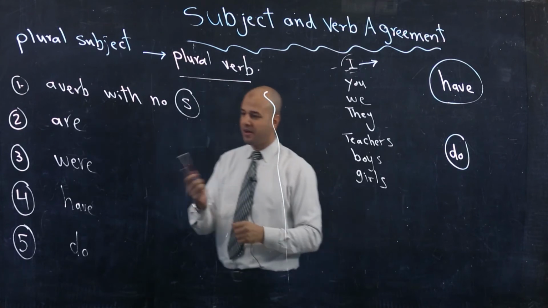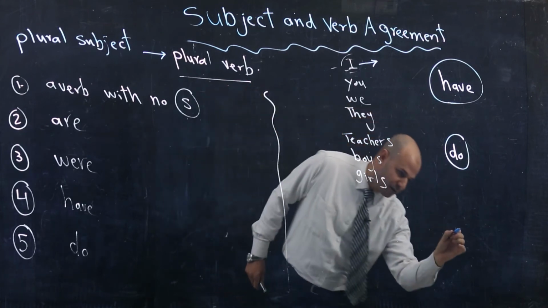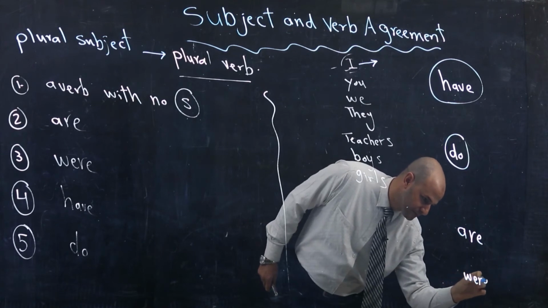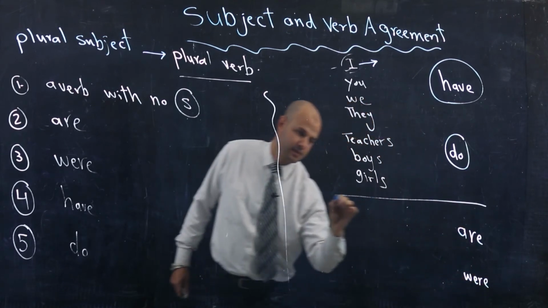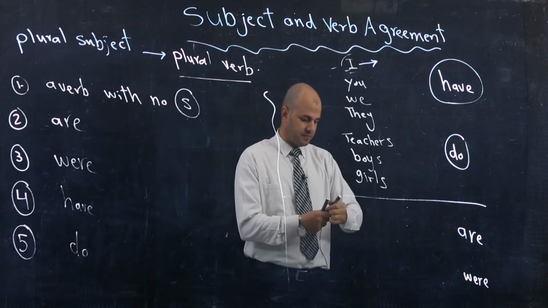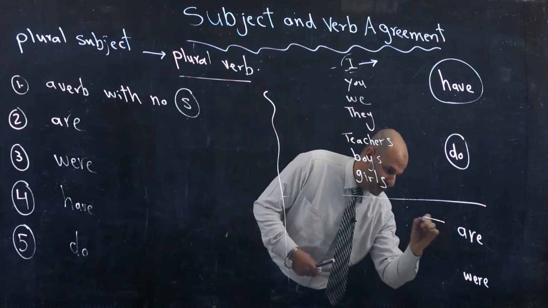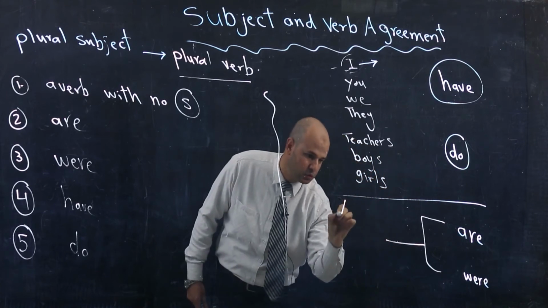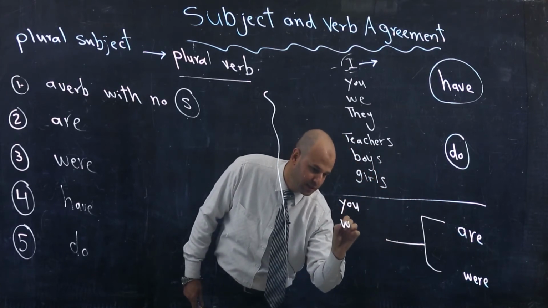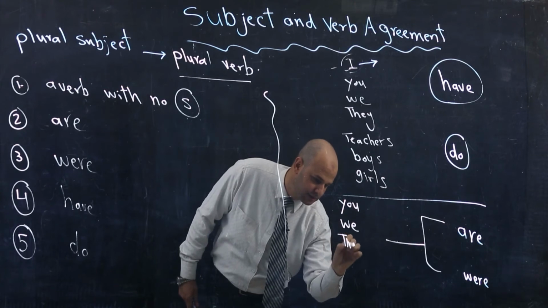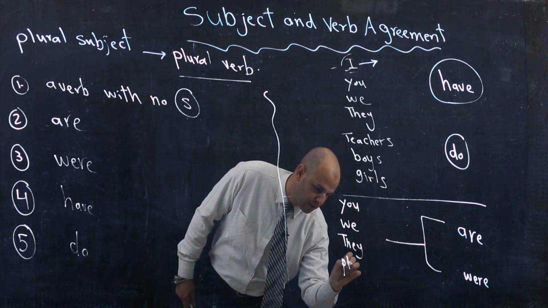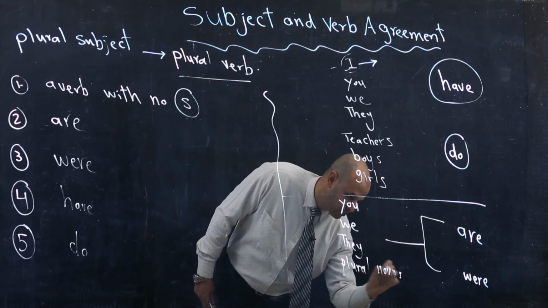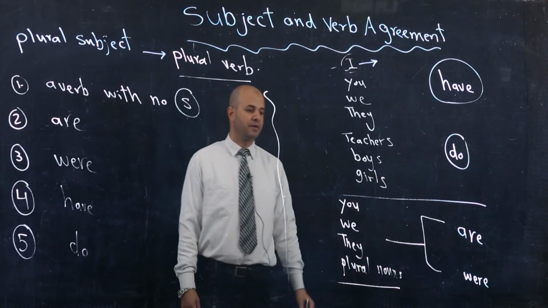So are and were. We have the same pronouns, the same subjects that come before them: you, we, they, and plural nouns, or plural subjects that I mentioned before.